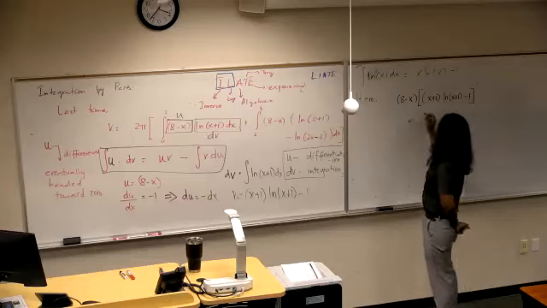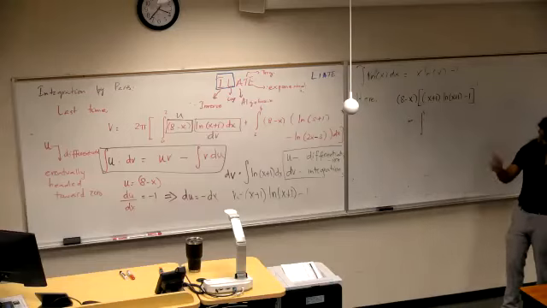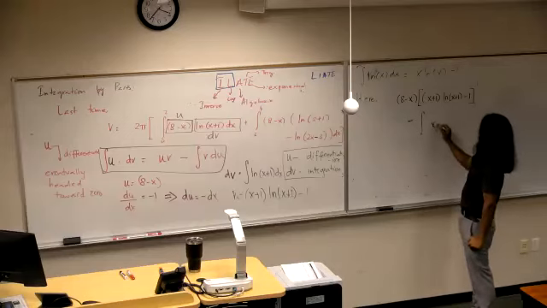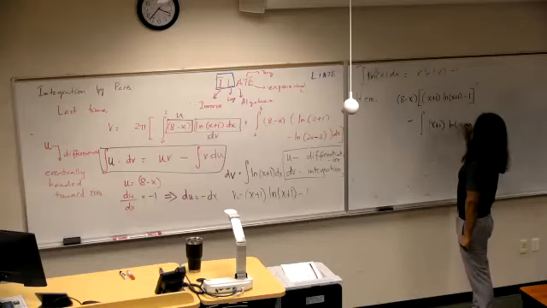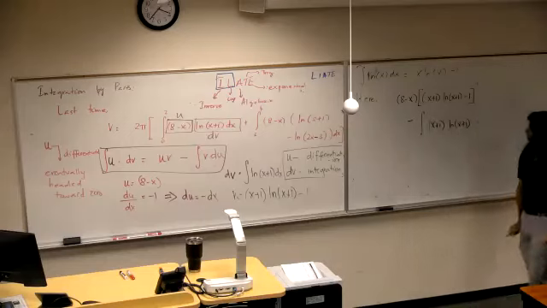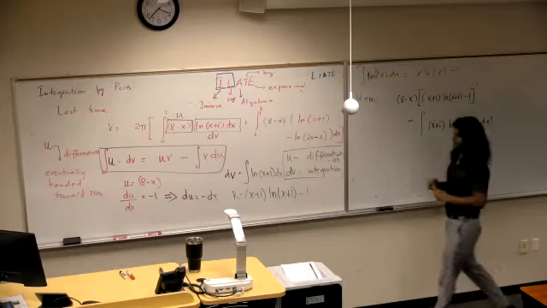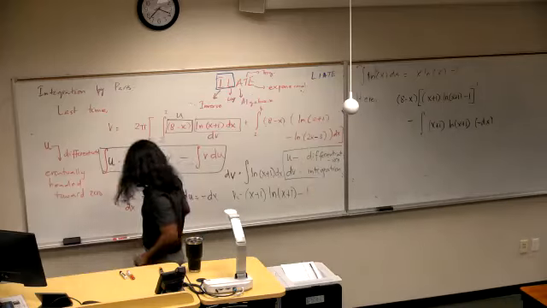Minus integral v du: x plus 1 times ln of x plus 1. What is du? Minus dx. Good. So all I'm doing is plugging it back into the formula.